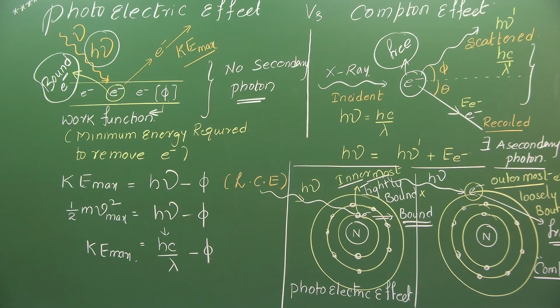For visible light you won't get the Compton effect, because that energy is not sufficient. X-rays have more energy than visible light, because the X-ray wavelength is 1 angstrom to 10 angstrom, while visible is 4000 to 7000. So with the same material, the probing photon, whatever you are sending, will decide whether the photoelectric effect or the Compton effect exists.